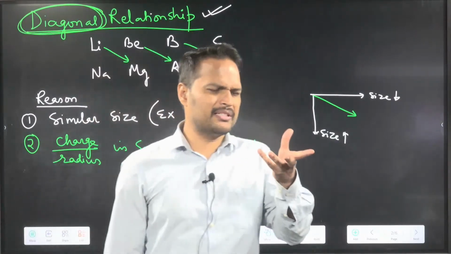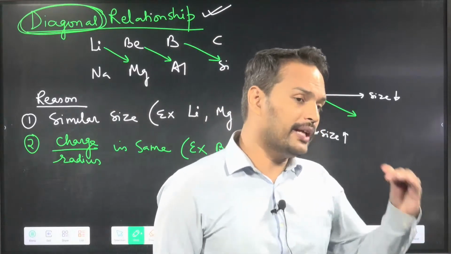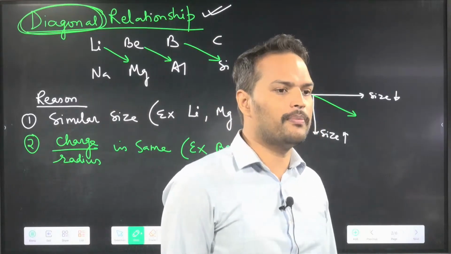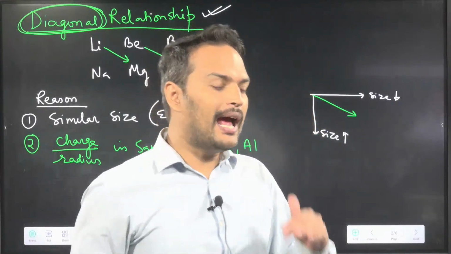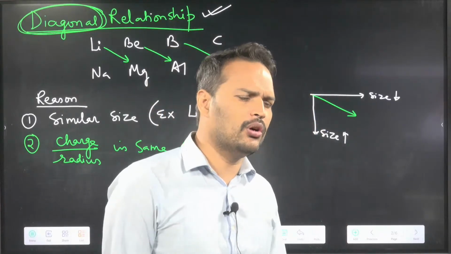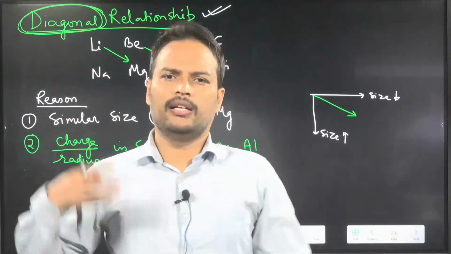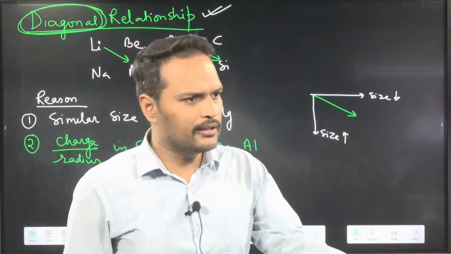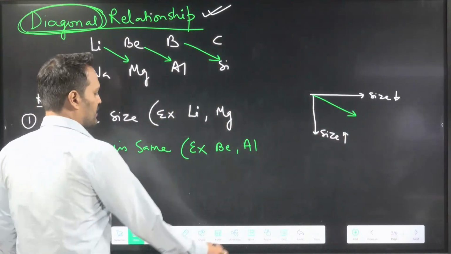They say that size of beryllium and aluminium is not exactly similar, but if you take the charge, what is the charge of beryllium? 2 plus. What is the charge of aluminium? 3 plus. And their charge to ionic radius ratio becomes same. So either this or that. Clear with this point? So properties are similar.